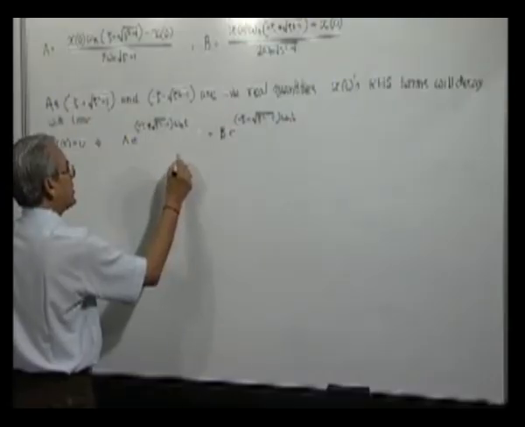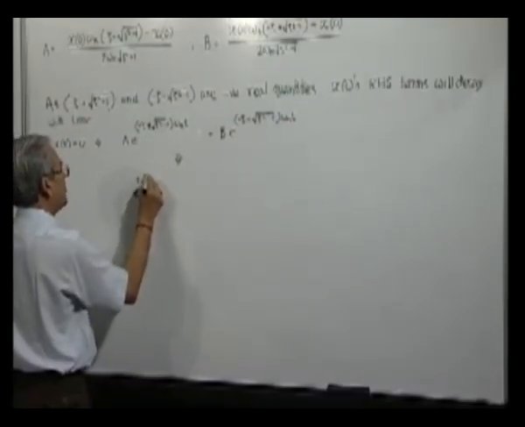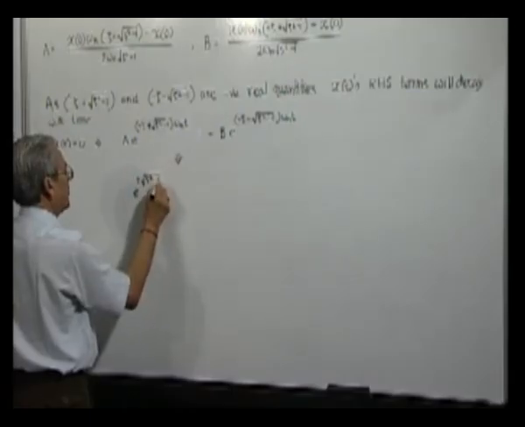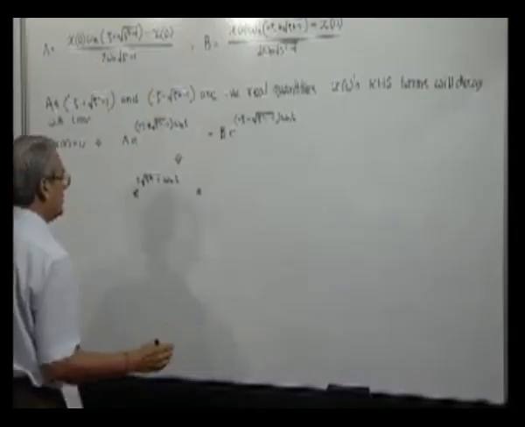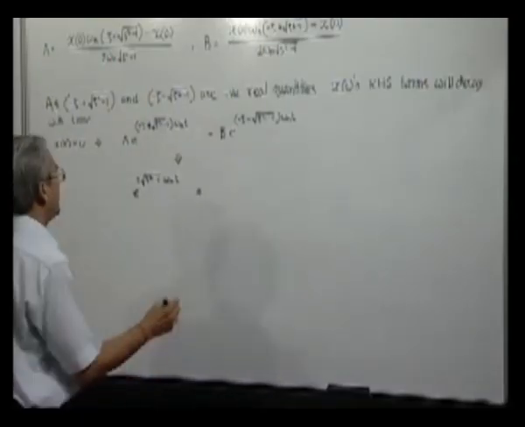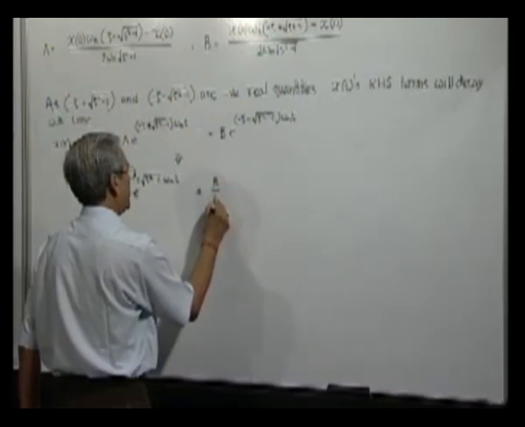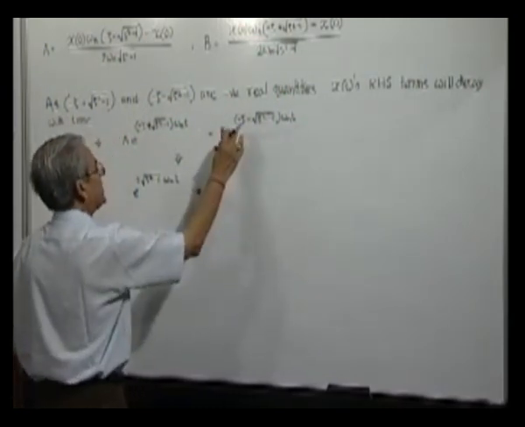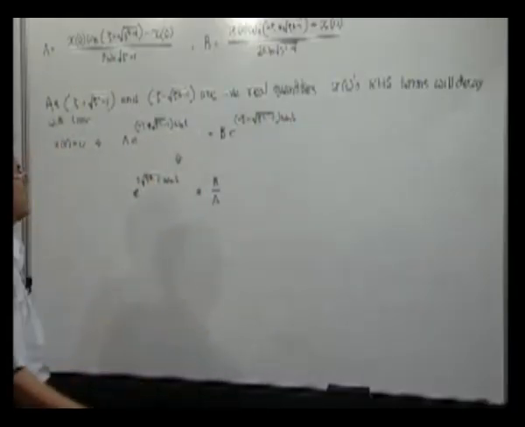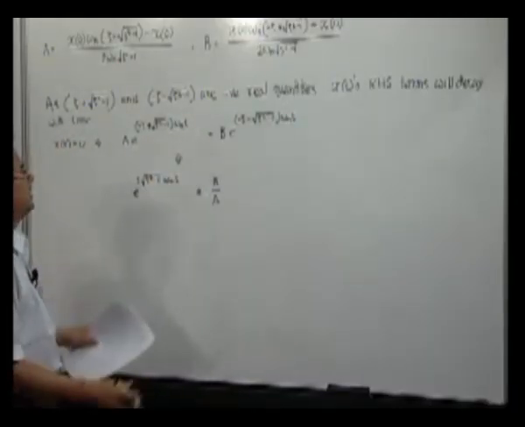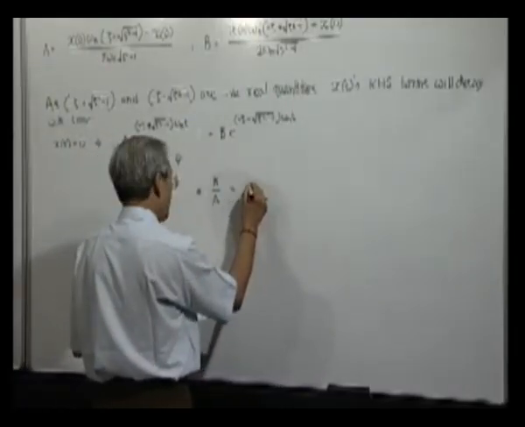So, this will give us e to the power 2 times square root of zeta square minus 1 omega n t equal to minus B by A. Because when I bring this to this side it becomes e to the power plus, and so this becomes minus B by A.